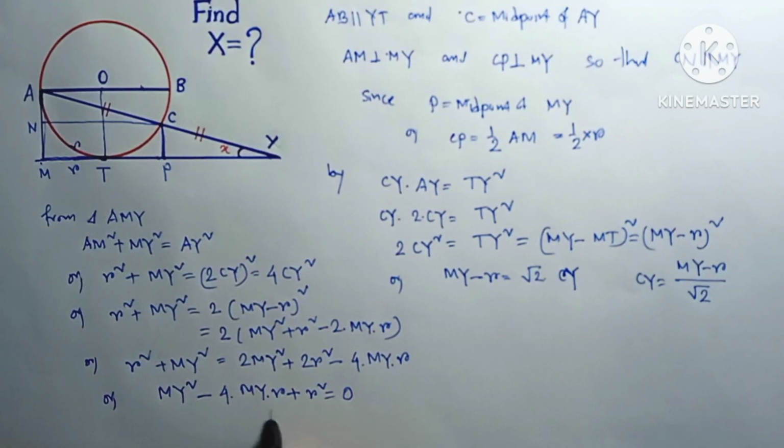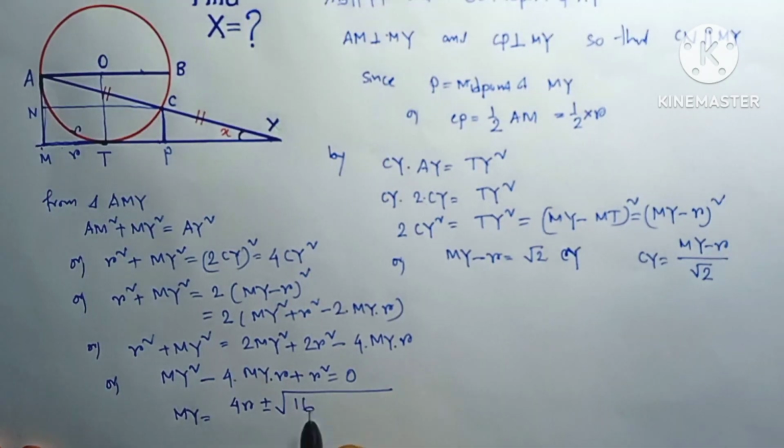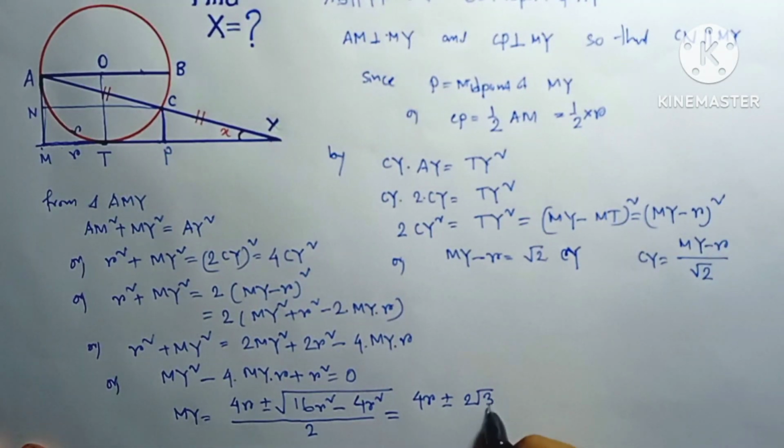So we have a quadratic equation in MY. By using the quadratic formula, we can find the value of MY, so that MY is equal to 4R plus or minus the square root of 16R square minus 4R square, over 2, which is equal to 4R plus or minus 2 root 3 R over 2.